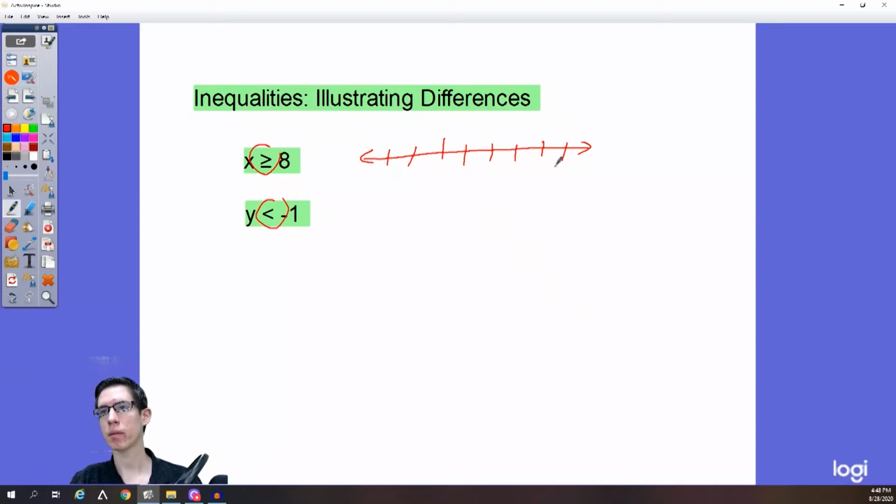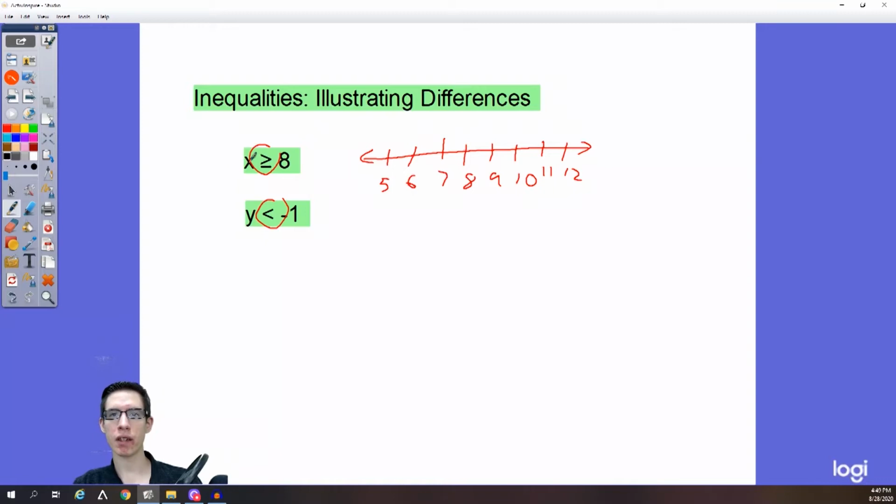And we're going to represent each of these tick marks with different numerical values. So let's say this is 5, this is 6, this is 7, this is 8, this is 9, 10, 11, and 12, right? We've got our numerical values set up there, number line extending in both directions.